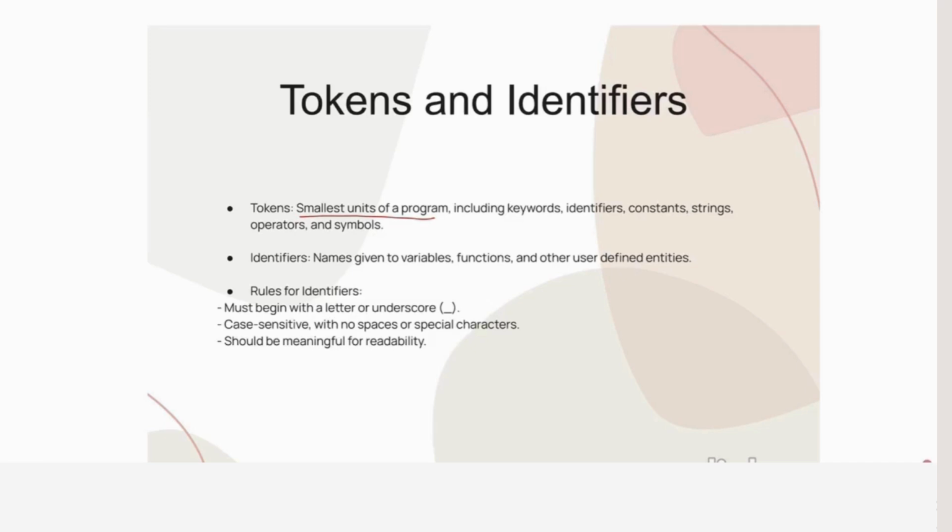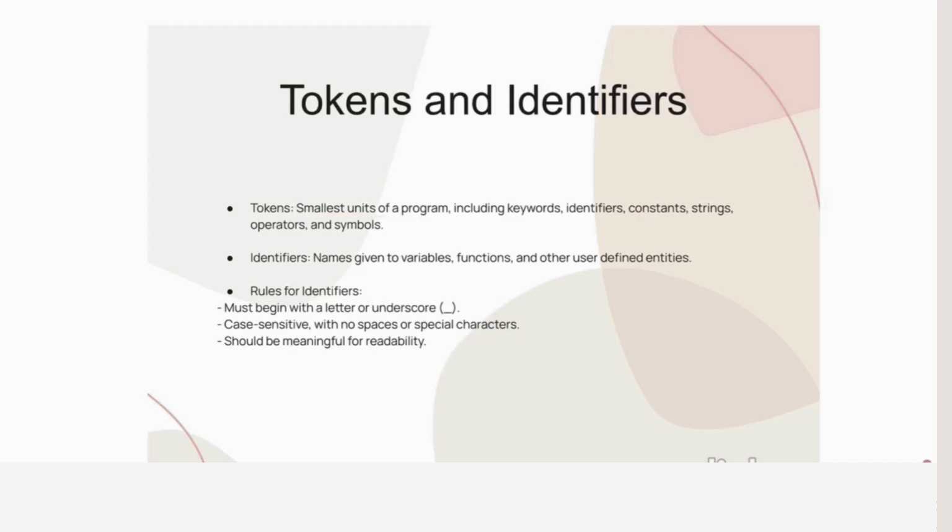Let us take an example: c = 1 + 1. In this case, c, 1, 1 are individual tokens, and = and + are also individual tokens in the form of operators and symbols. Using these individual tokens combined together in an expression, you can create an executable statement.